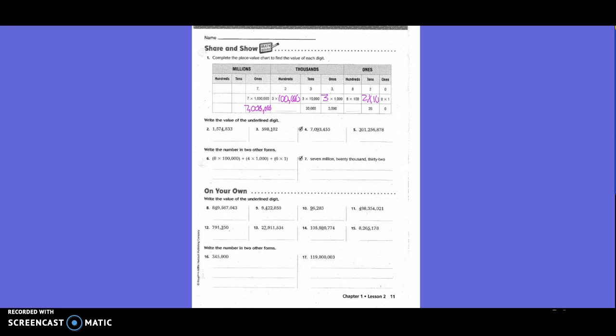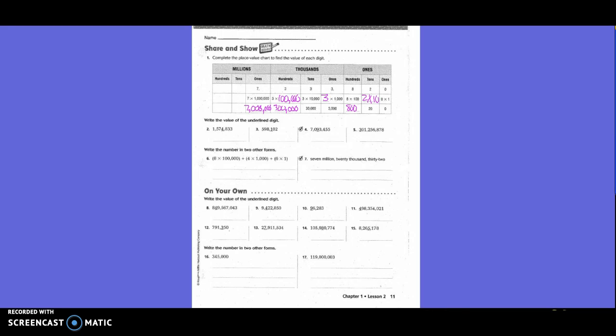Then if I take 3 times 100,000, I'm going to have 300,000. And then they said 3 times 10,000 was 30,000. They said 3 times 1,000 was 3,000. 8 times 100 is 800. And then they said 2 times 10 was 20.